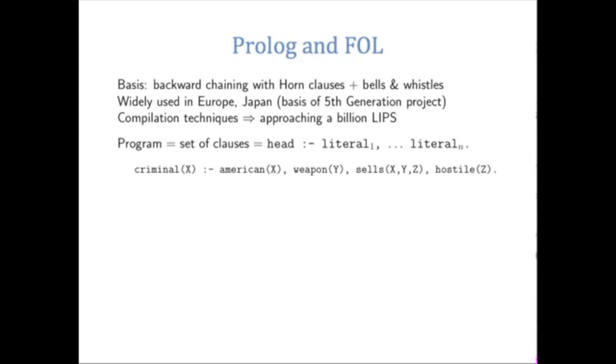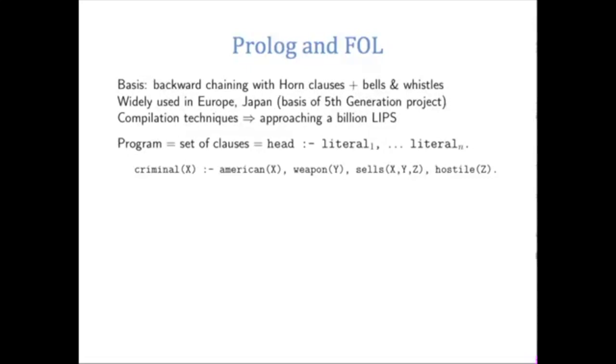So what's a program? Well, a program is a set of clauses where each clause is a head, at least one head, followed by 0 or more literals, which are negative literals.